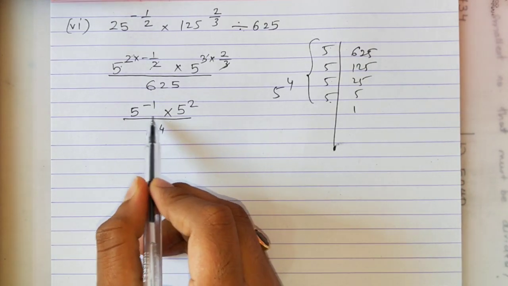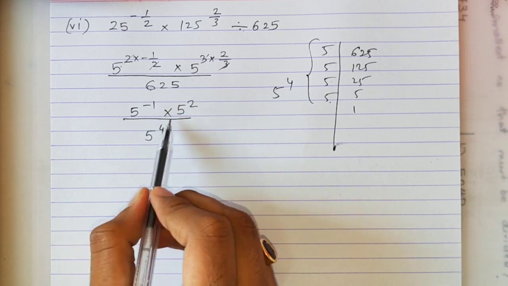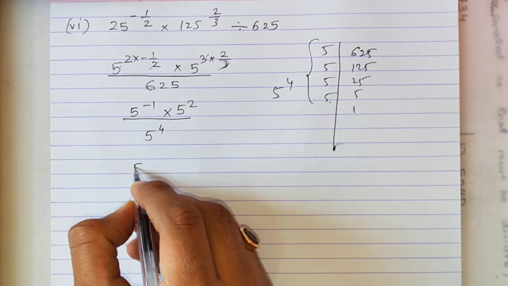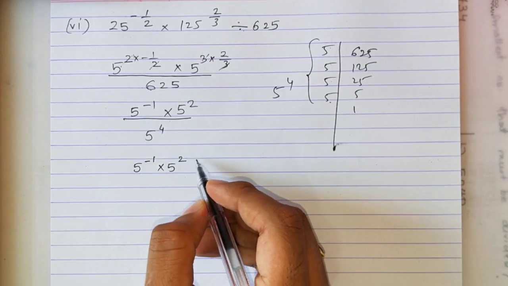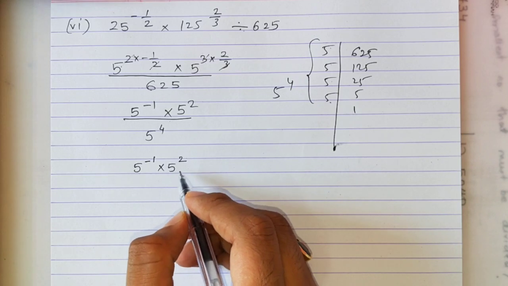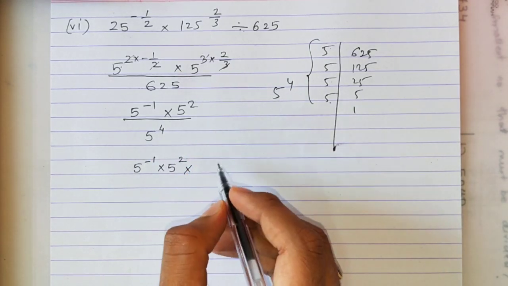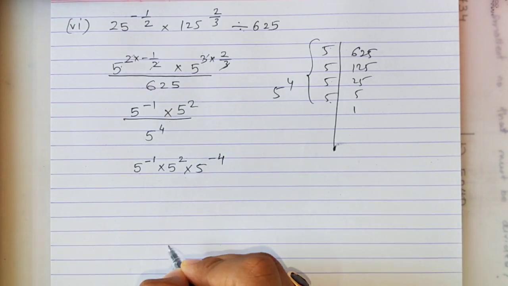Now we'll shift this. First, we'll shift this to the numerator. So this will become 5 raised to minus 1 into 5 raised to 2 into 5 raised to plus 4, which when it comes in the numerator will become 5 raised to minus 4.